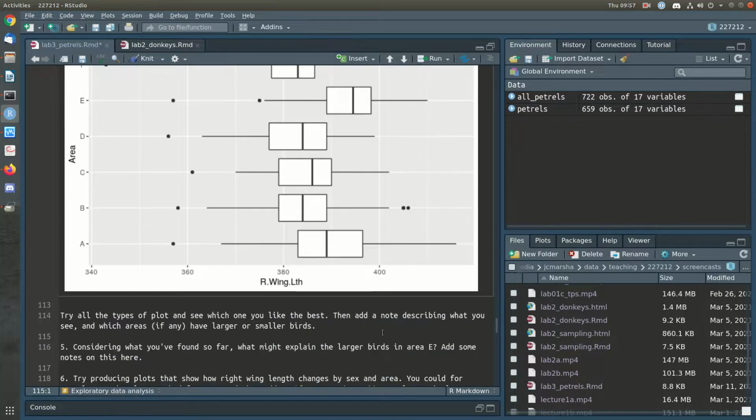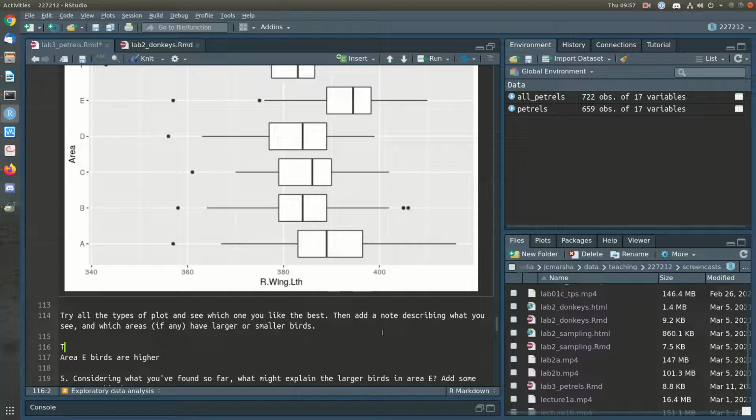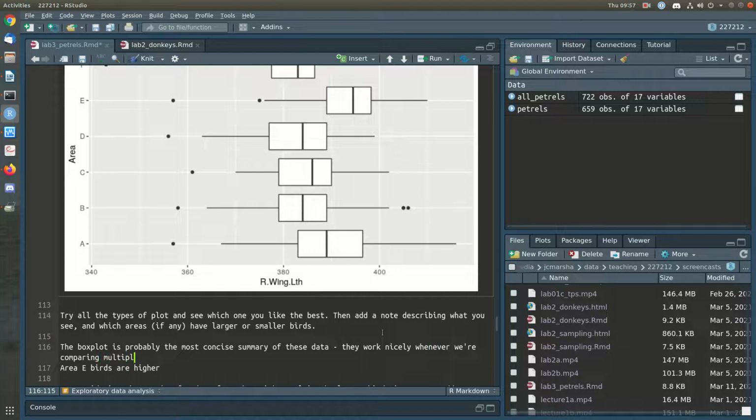Okay, so area E birds, the box plot is probably the most concise summary of these data. They work nicely whenever we are comparing a numeric measure across multiple groups.